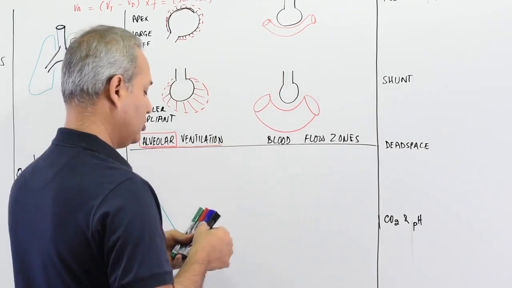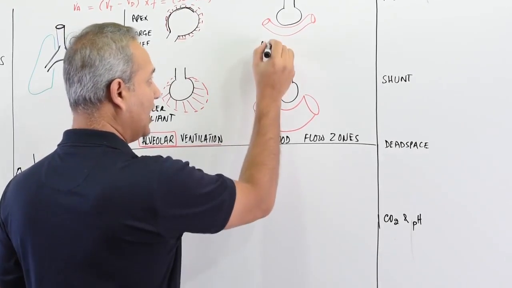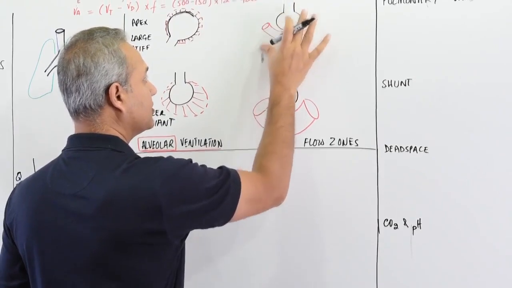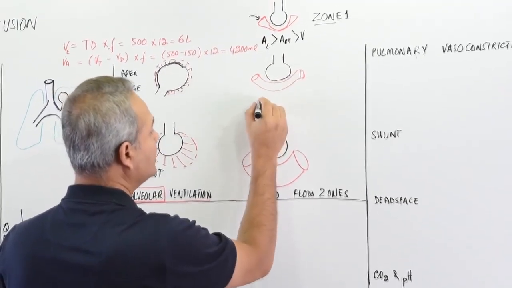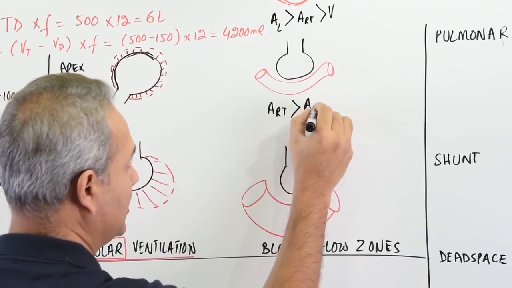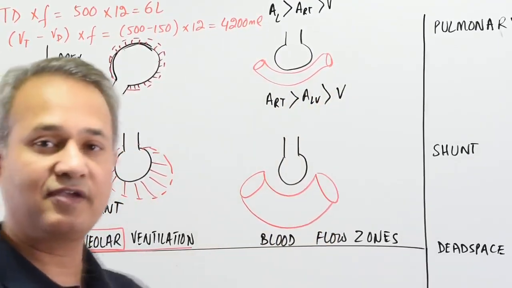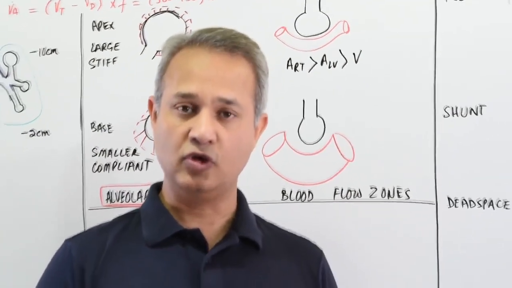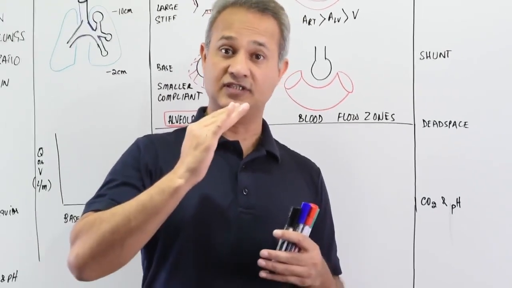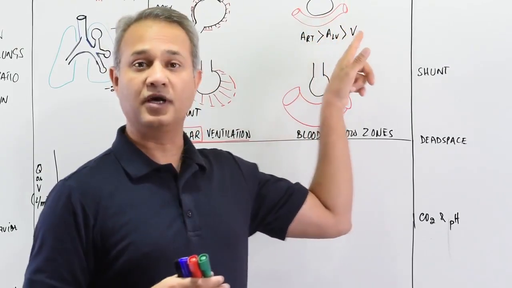Zone 2 blood flow is where arterial pressure is higher than alveolar pressure, which is higher than the venous pressure. So here when the heart goes into systole and the arterial pressure rises, that is when the blood vessel will open up.